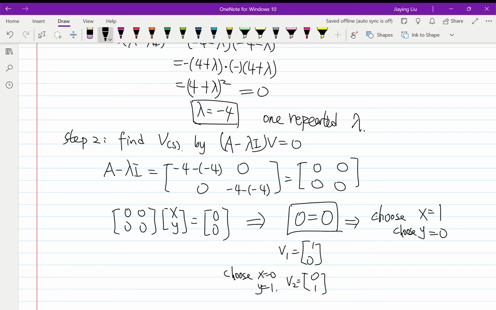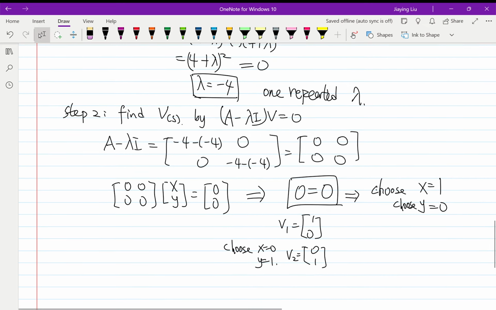They are linearly independent because it doesn't matter what real number you multiply v1 with, you're never going to end up with v2, or vice versa. So those two are linearly independent, and both correspond to the eigenvalue negative 4.